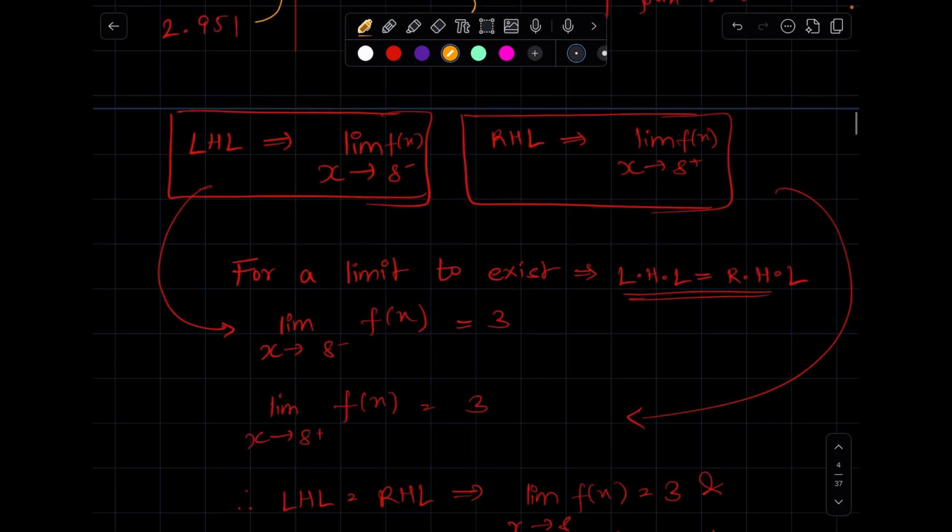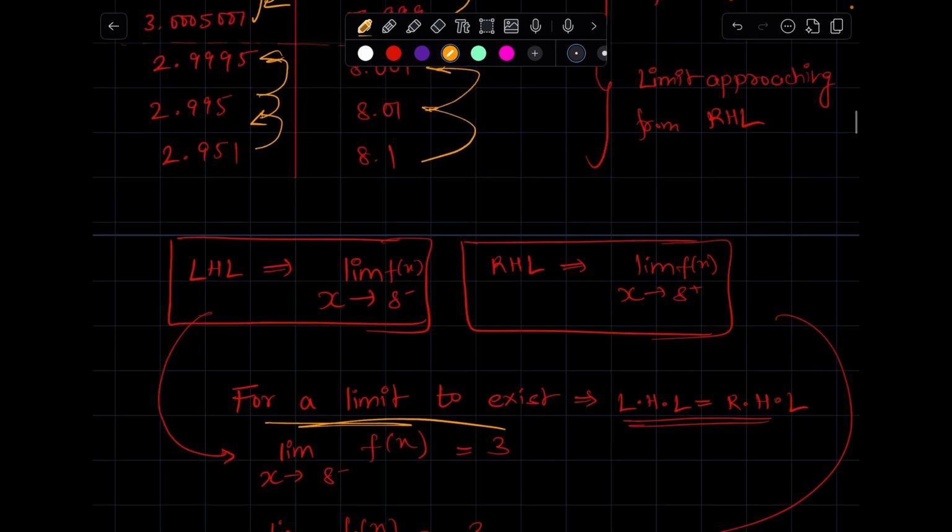Right. So for a limit to exist, as you will see, there are going to be functions such as this. Let's say you're talking about x is equal to a here, this is your f of x and this is a.